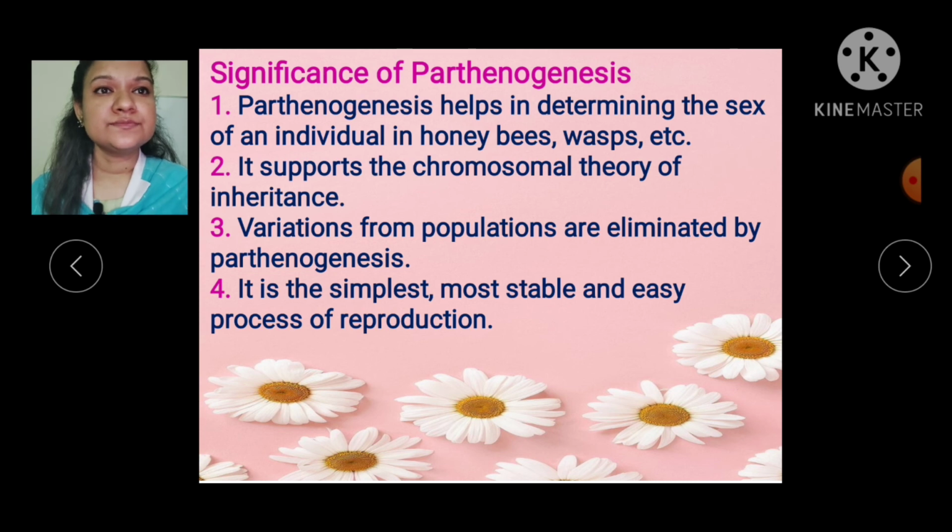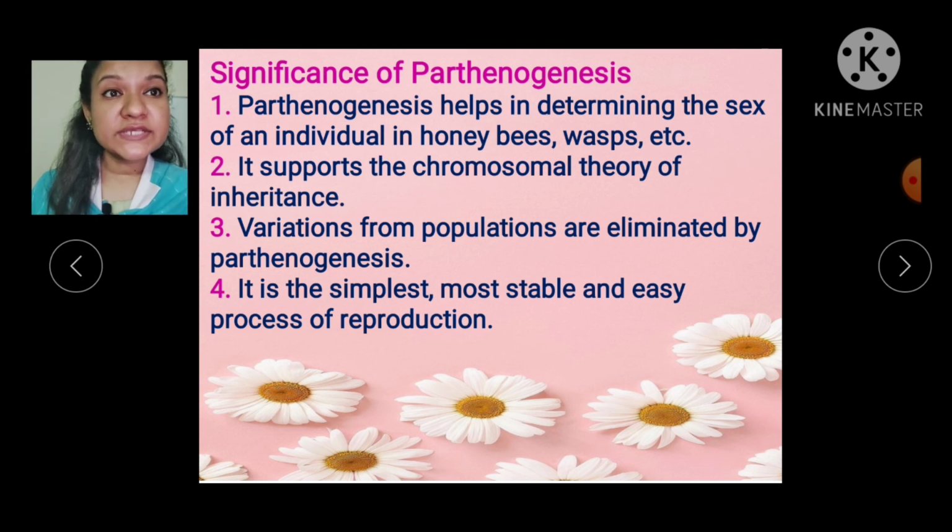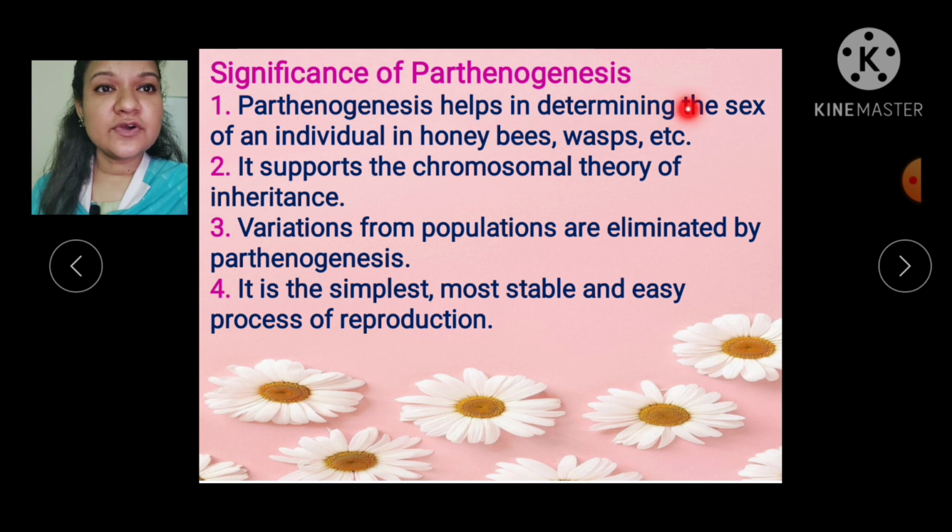And now, what is the importance of parthenogenesis? Number 1, parthenogenesis helps in determining the sex of an individual in honeybee, wasp, etc. Number 2, it supports the chromosomal theory of inheritance. Number 3, variations from populations are eliminated by parthenogenesis.